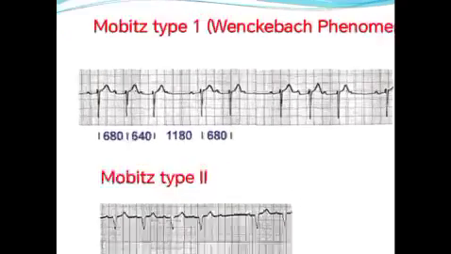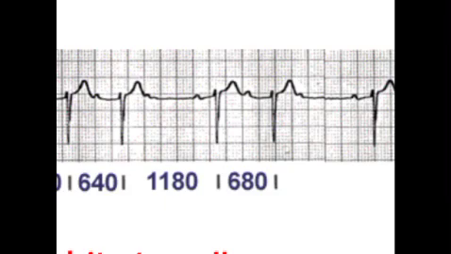This is an example of Mobitz type 1. Look at the P waves in this strip. Take it from here. This is the PR interval. Now in the second, it is a little bit longer.